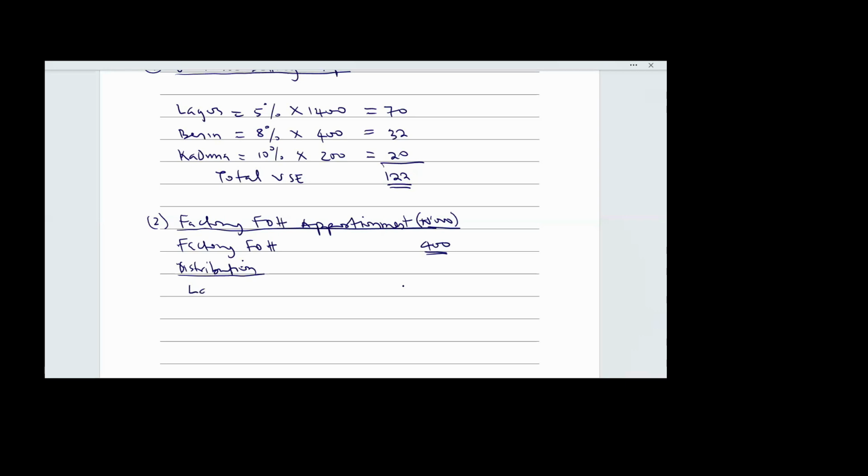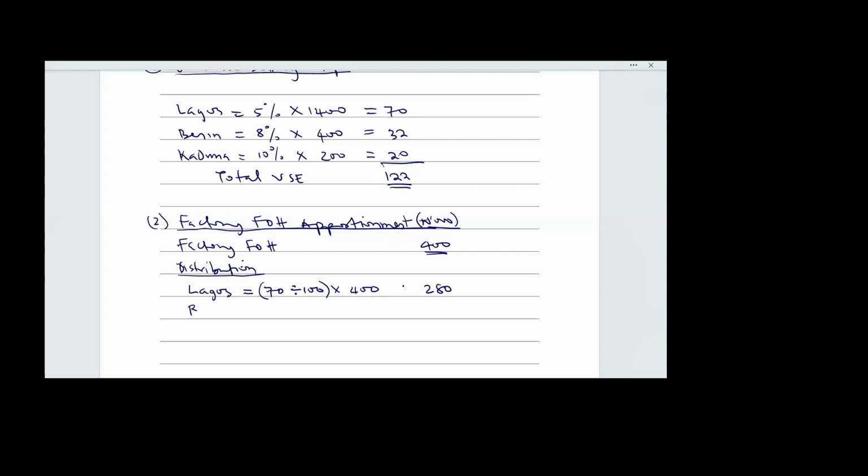So for Lagos, which has 70,000 units, that will be 70,000 divided by 100,000 units, multiplied by the 400,000 that you want to allocate. That's 280.